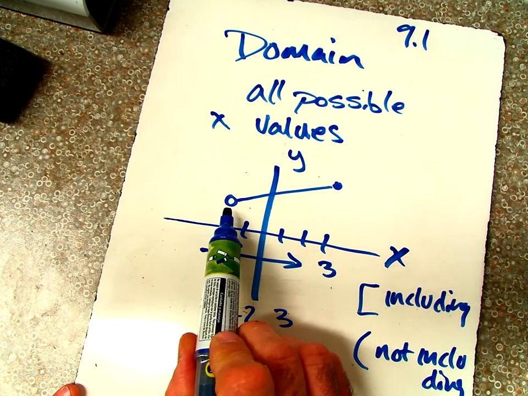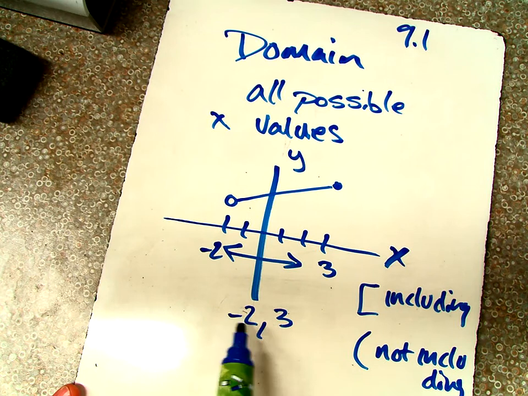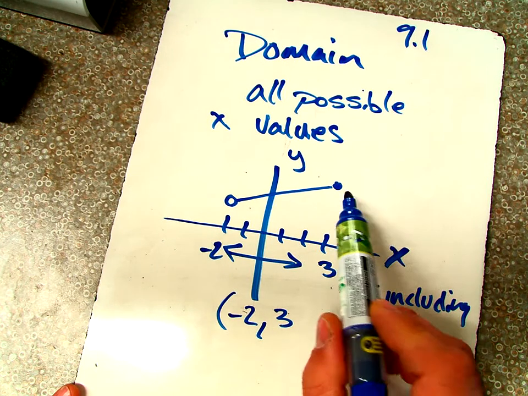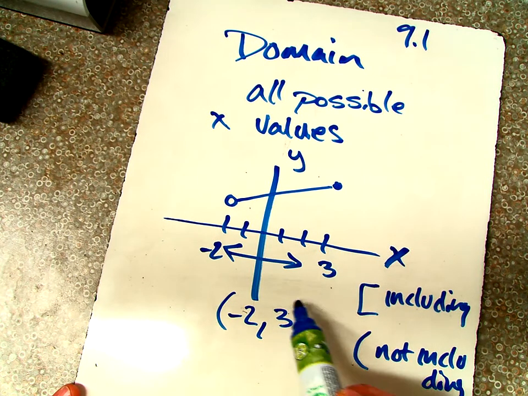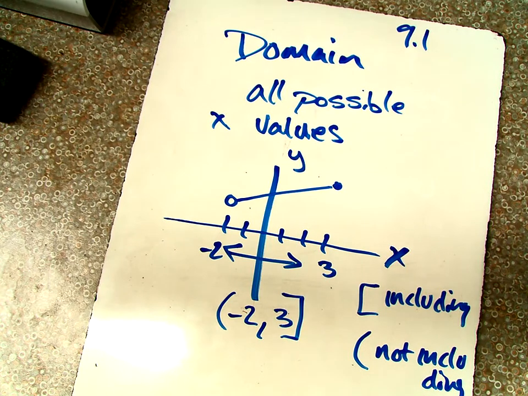So because this circle is open, it is not including -2, but the circle is closed at 3, so it is including 3. Does anybody have any questions about that? Okay. Domain is easier than range.